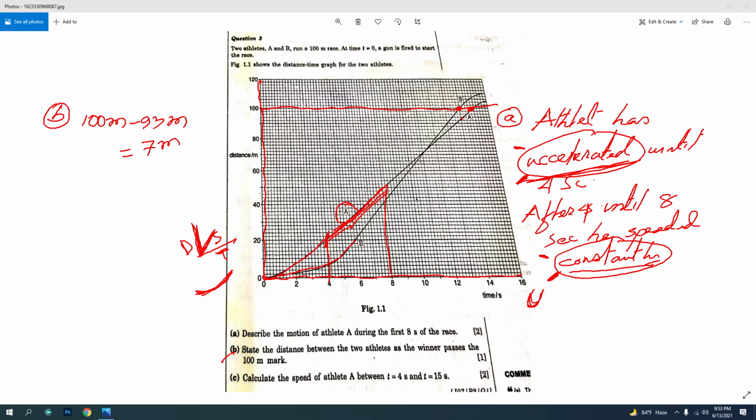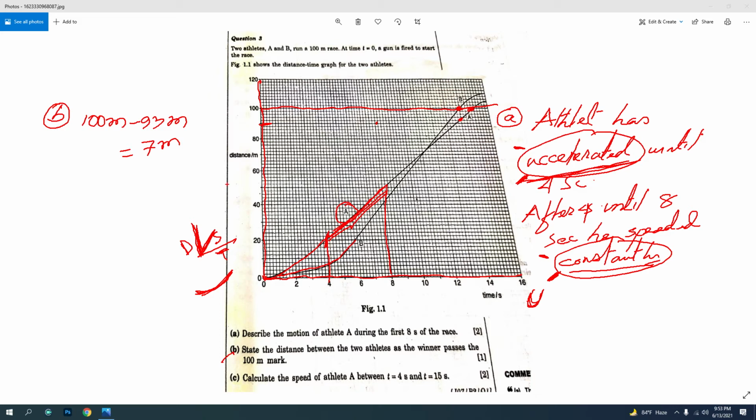When B passes 100 meter, at the same time A is not here, A is here. You have to use your brilliance that when B passes 100 meter, A is here, so that is 93, because this is 90 and that is 93. Each of these lines is 2, and so after 90 that is 3. Anyway, this is the answer of B.